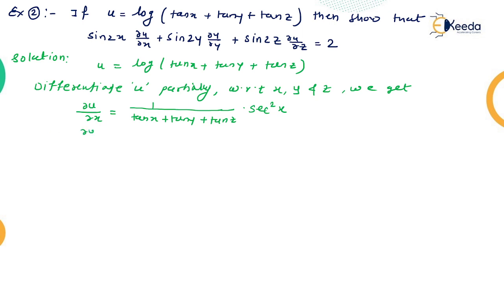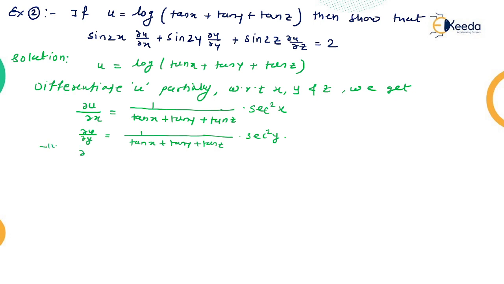Also take the differentiation of u with respect to y: 1 upon (tan x plus tan y plus tan z), keeping tan x and tan z constant, and write only the derivative with respect to y, that is sec square y.